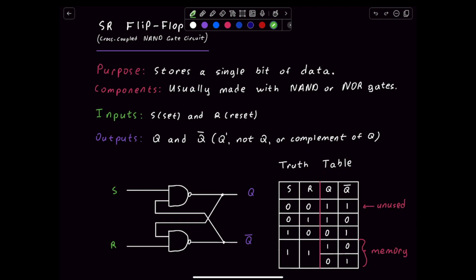S stands for set and R stands for reset. And those are the inputs, set and reset. The outputs consist of Q and Q bar, which is just a way to say that they are complements of each other. So if Q is 1, Q bar is going to be 0, and vice versa.